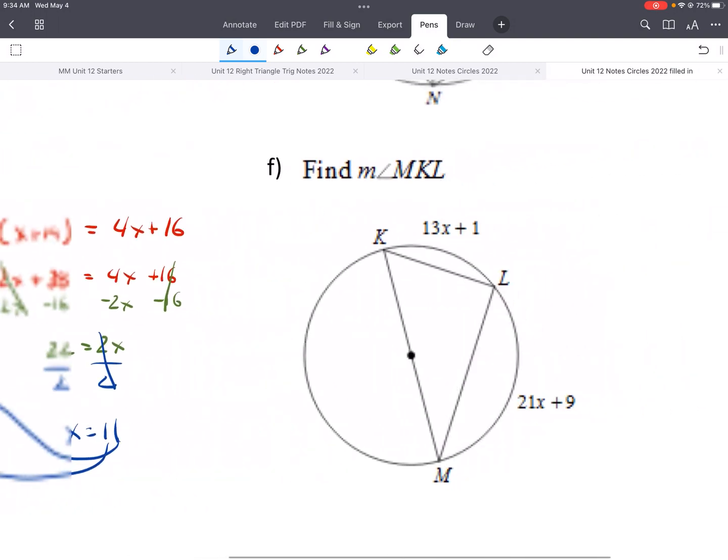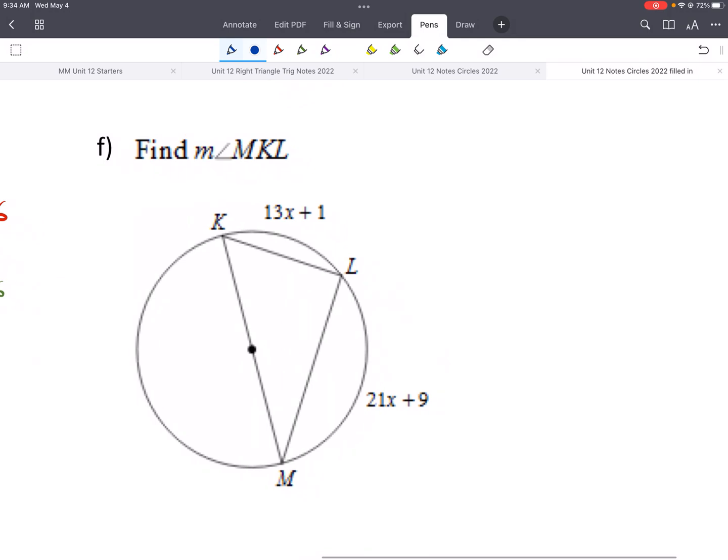All right, last one. This one takes a little bit more work. How are these related? First we need to find x. If I ever give you expressions, we need to know how they're related. We know it's a semicircle, so they add to 180, which is equal to 3x plus 1 plus 21x plus 9.